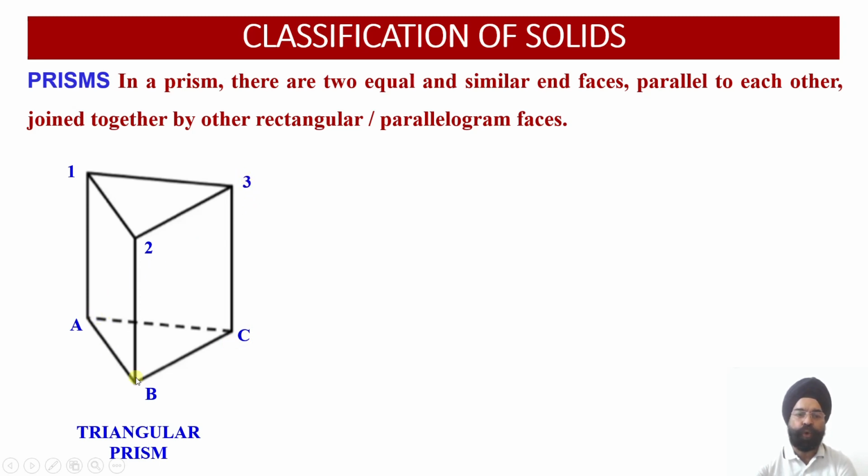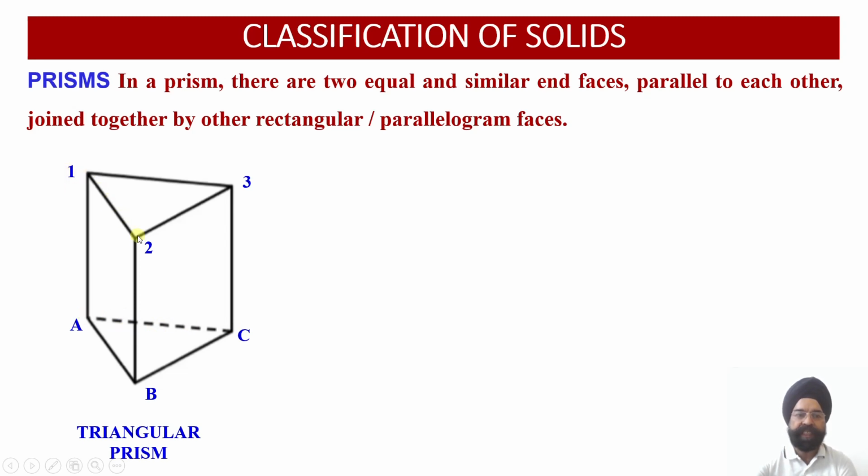So you can see there are two plane surfaces over here. The first plane surface, which is quite obvious, is ABC, very easy to remember. The second surface of the prism is 1, 2, 3. So whenever we draw any prism, we remember very easily which surfaces have to be joined. ABC is the lower surface or the surface of the base.